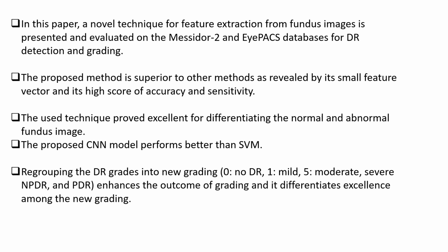That is a very, very good achievement, reducing the number of features to 3.5% of the original vector size. That is considered good. Regrouping the DR grades into new grades gives us a solution, but it's still not the final solution.